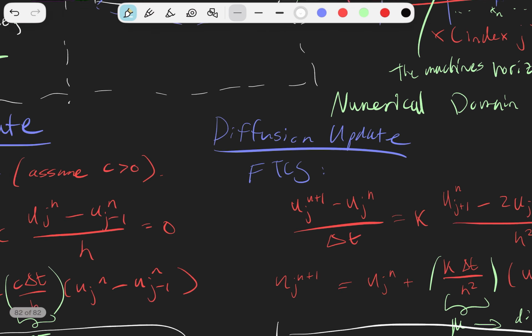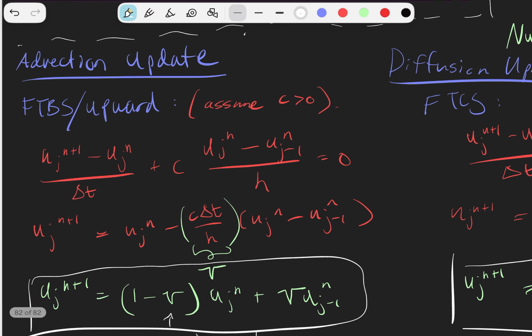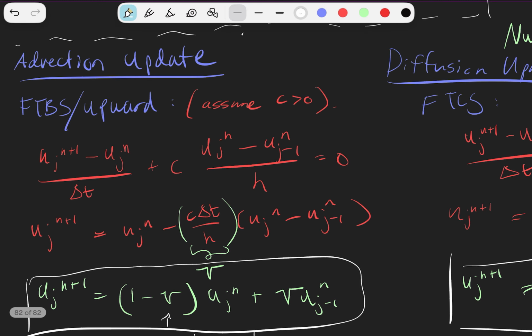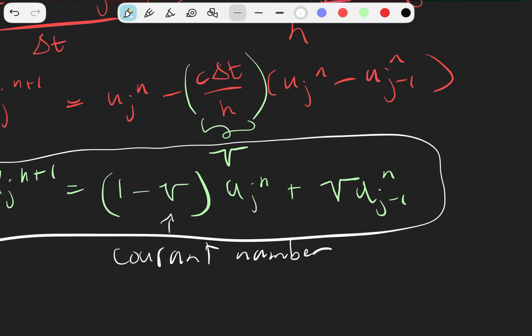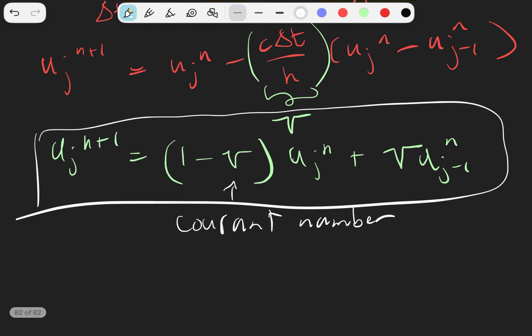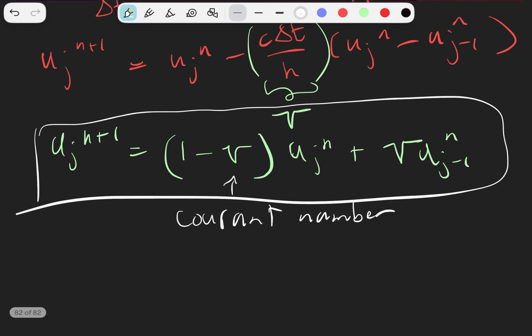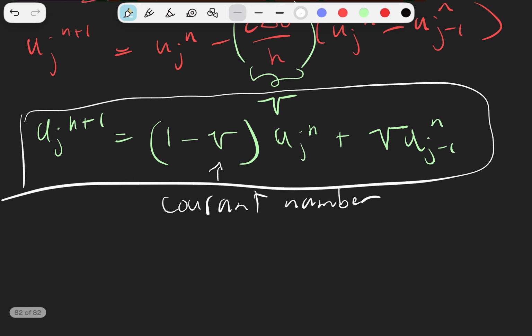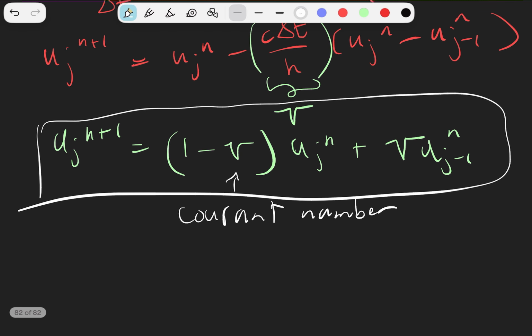And again, for the wave equation, advection gives us the idea that we need to use a Courant number. And nu essentially is embedded within the equation here, and it's effectively just linear interpolation, right? Because it's along a characteristic.